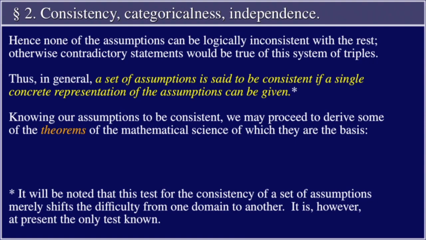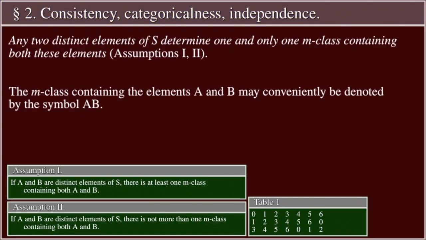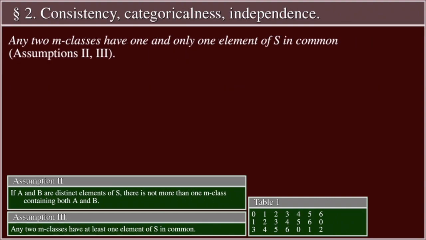Knowing our assumptions to be consistent, we may proceed to derive some of the theorems of the mathematical science of which they are the basis. Any two distinct elements of S determine one and only one M class containing both these elements, by assumptions 1 and 2. The M class containing the elements A and B may conveniently be denoted by the symbol AB. Any two M classes have one and only one element of S in common, by assumptions 2 and 3.